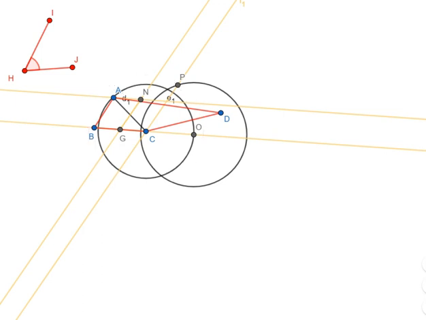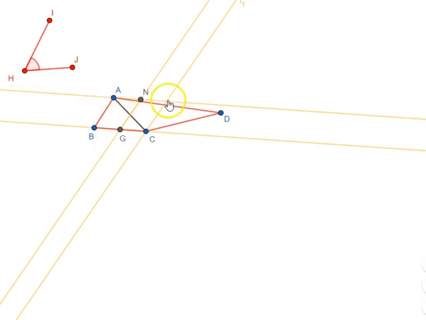Okay, so let's hide these circles. And again, we need the point of intersection of this line with this line. So yes, and now we don't need these lines. So now we have got a parallelogram whose area is equal to the area of this triangle.